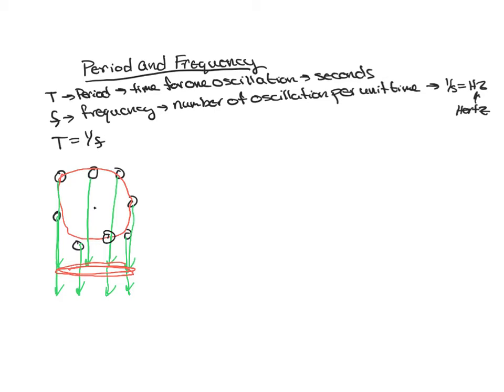So I can take my velocity equation and our tangential velocity equation and relate them to each other. So let's do this at the particular moment right here, where we're at the amplitude. So we can rewrite this as this relationship here.